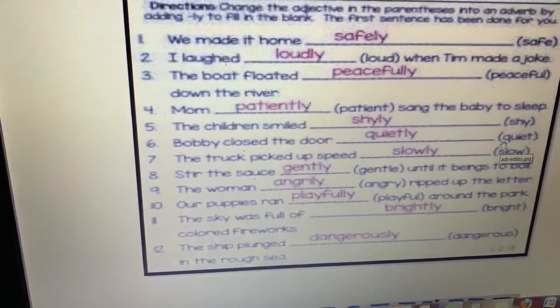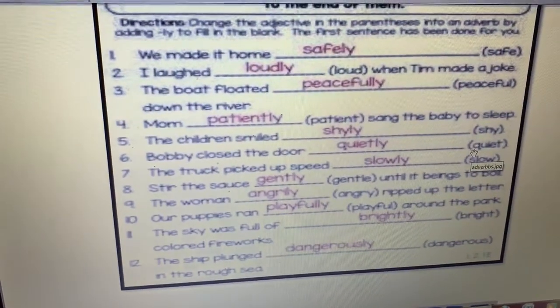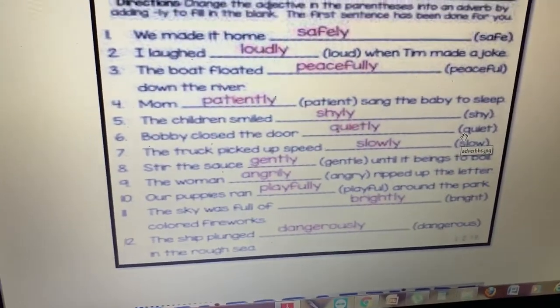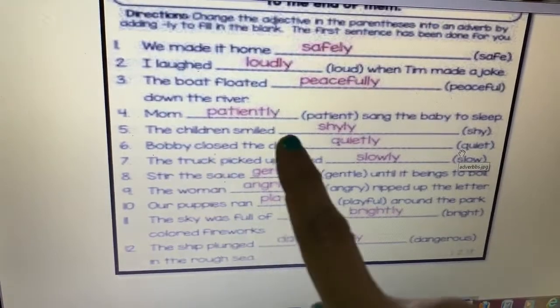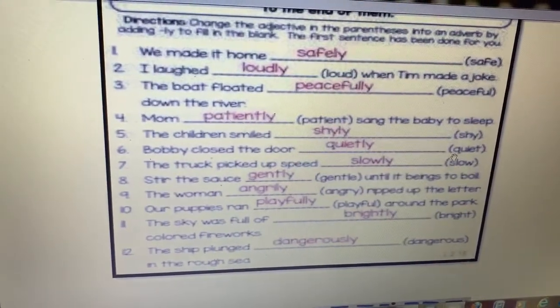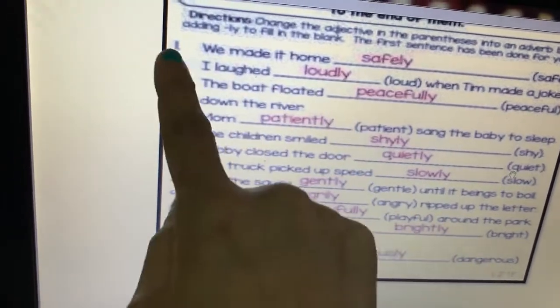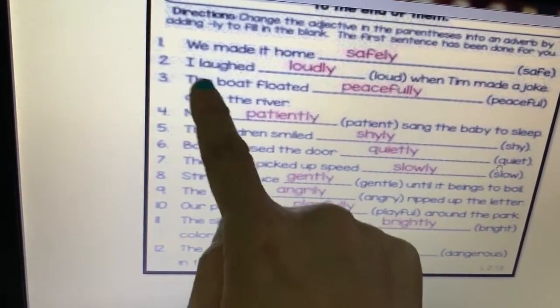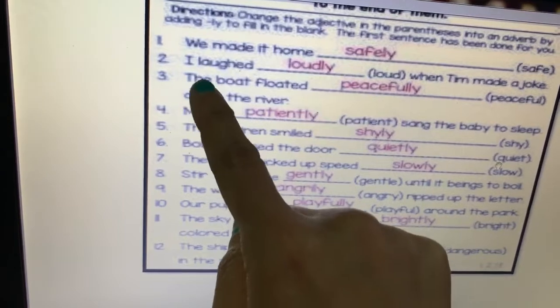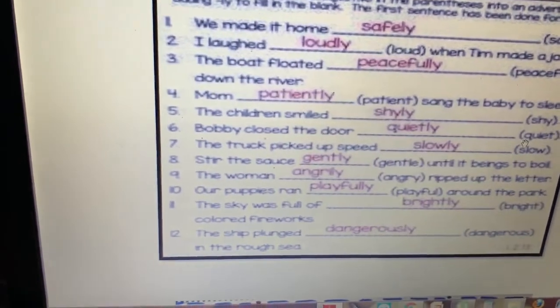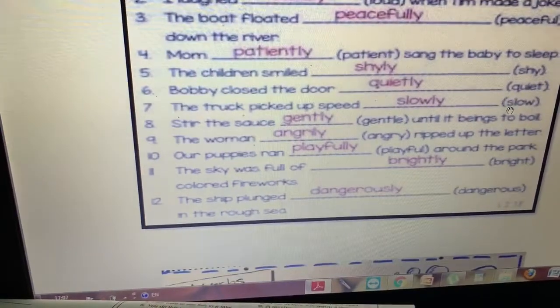Number 2, I laughed loudly when Tim made a joke. And I can say, I loudly laughed when Tim made a joke. I can put loudly before laughed. I loudly laughed, or I laughed loudly. Both are correct.